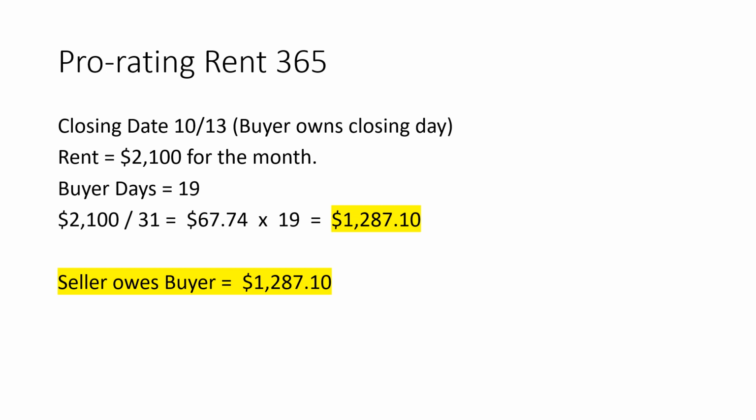We determined that was 19. $2,100 divided by 31, because there's 31 days in October, gives you 67.74. You multiply it times the 19 days owed, and the seller owes the buyer $1,287.10.